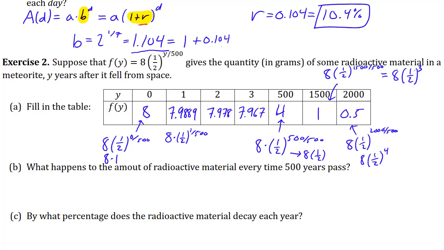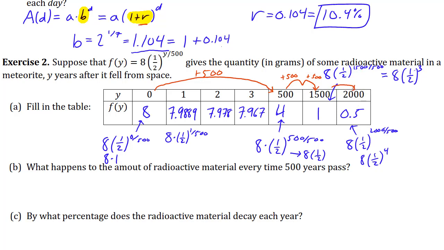Anyways, what happens to the amount of the radioactive material every time 500 years pass? So here's 500 years passing. It goes from 8 to 4. From this point to this point, 500 years is passing twice, and it went from 4 to 1.